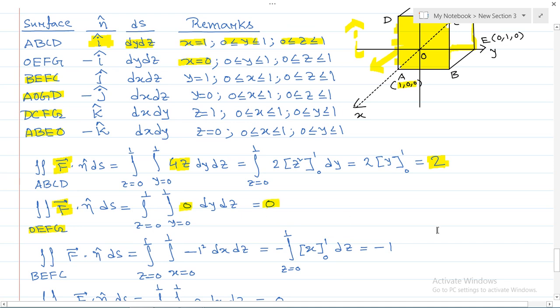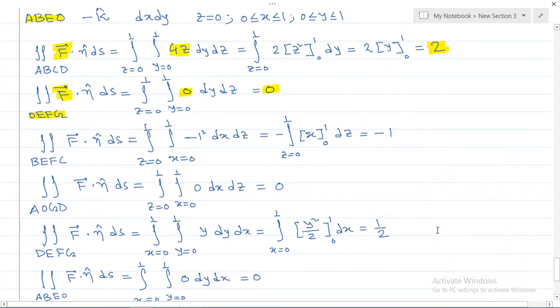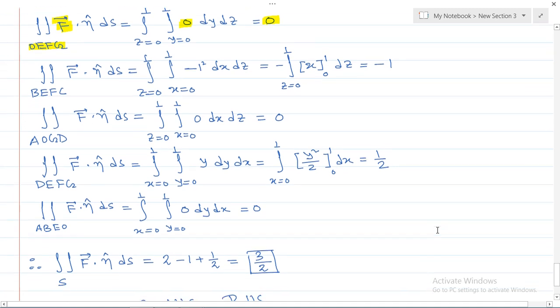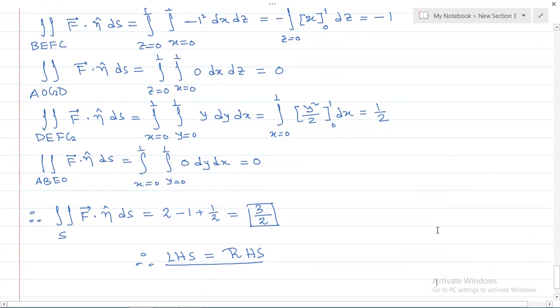Similarly, we have calculated the integrations for the rest of the 4 surfaces: BEFC, the result is minus 1; AOGD, the result is 0; DCFG, the result is 1/2; ABEO, the result is 0. It is not going to be the same result for every question, because the vector function is given here, and as per that we have these values. These values will change if you have a different vector point function.